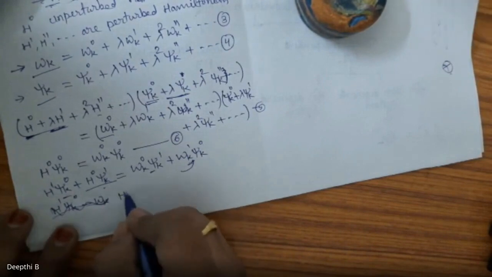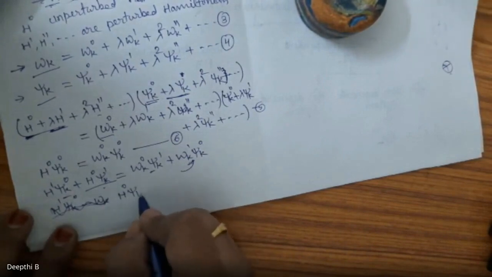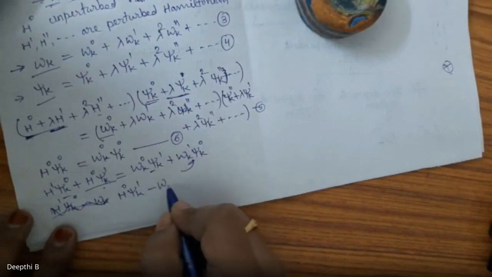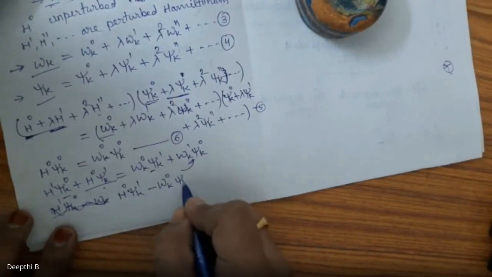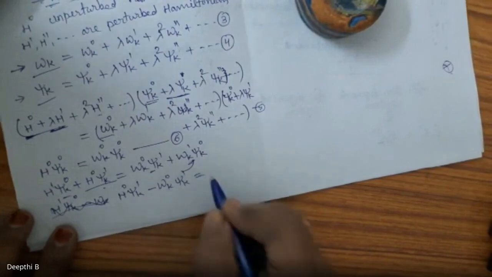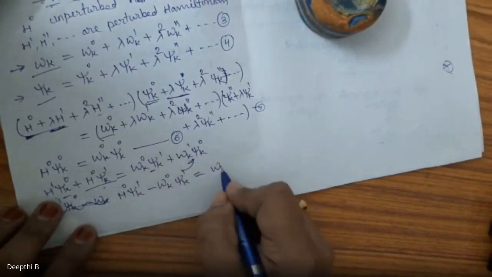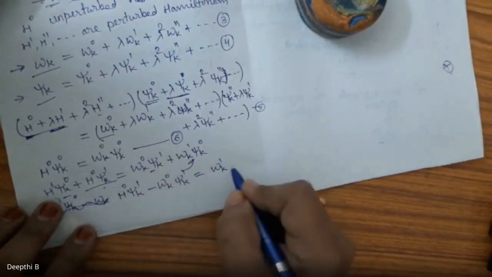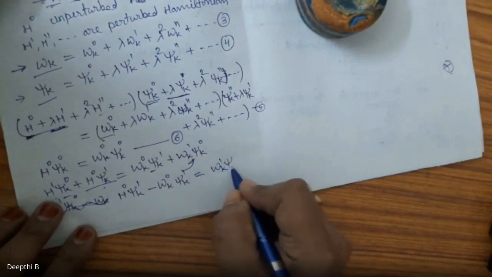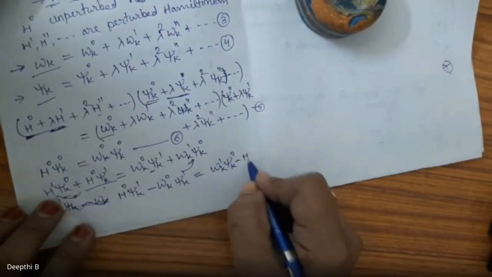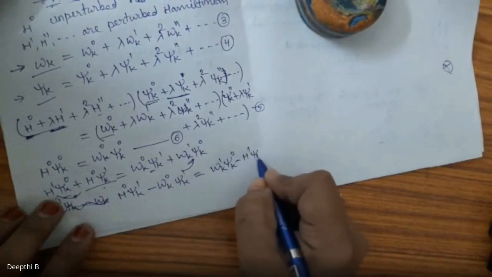So first H naught psi k prime minus Wk naught psi k prime is equal to, now this: Wk prime psi k naught, and moving this term to this side, minus H prime psi k naught.